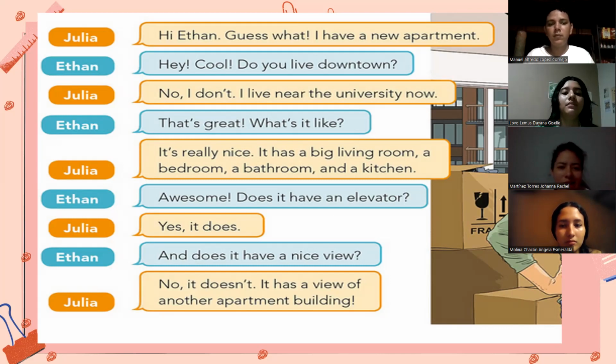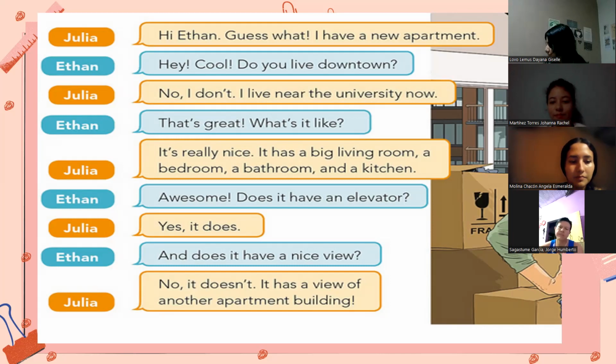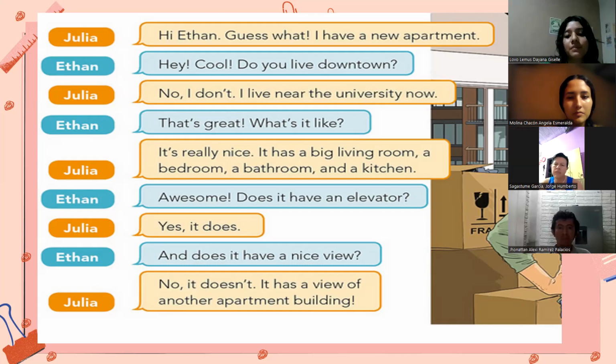Awesome. Does it have an elevator? Yes, it does. And does it have a nice view? No, it doesn't. It has a view of another apartment building. Very good job, thank you. And we continue with Angela and Jorge.